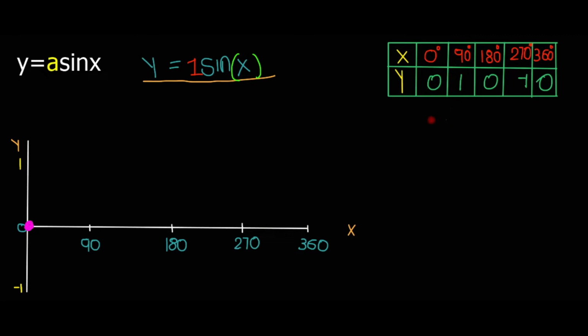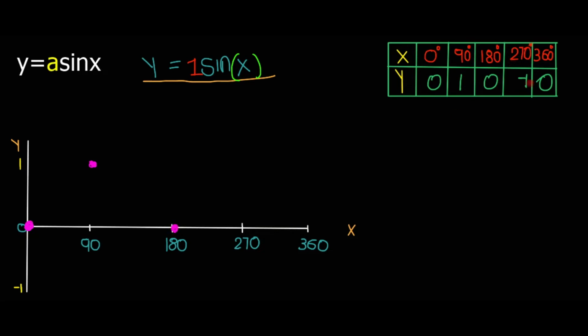And then 90 and 1 is over here. Remember, 90 is x and then 1 is y. So always the points are like this. This is 90 and this is 1. And then 180 and 0, 180 and 0 it will be.